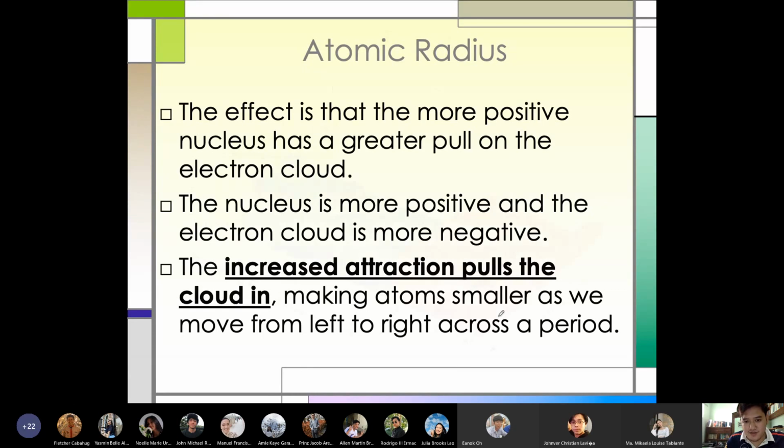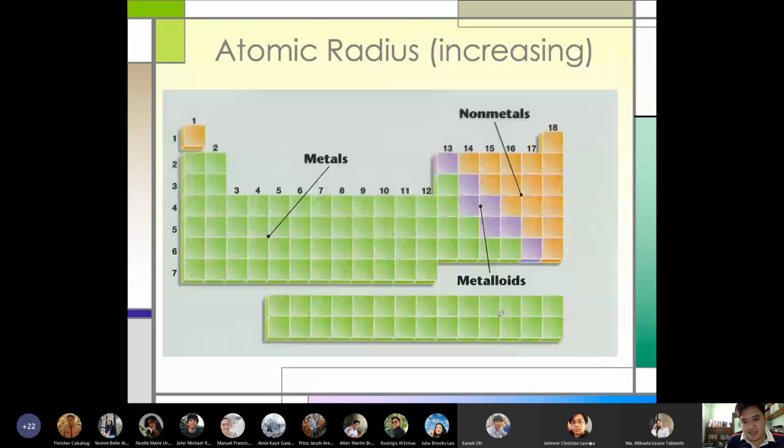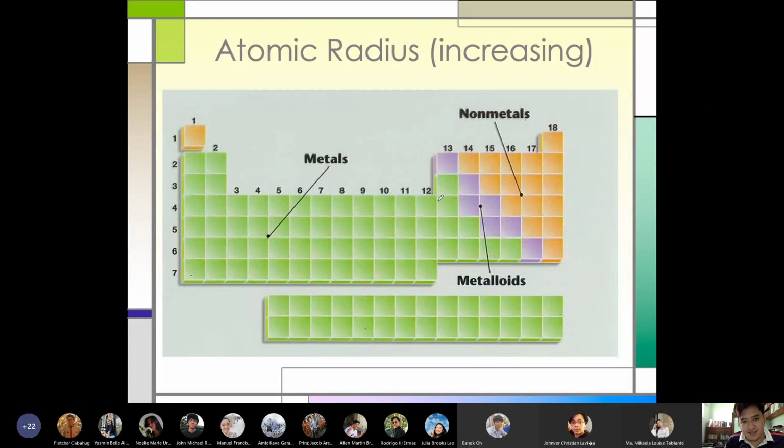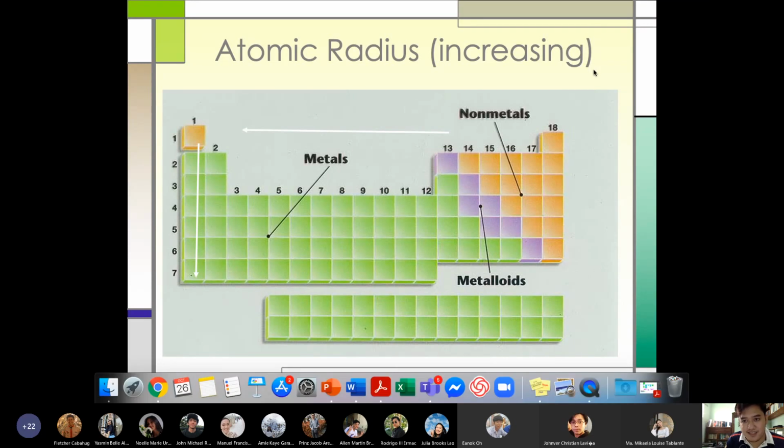All right, so for the trend, helium is the smallest, as Enoch has mentioned. This is one of the exceptions to the trend. Take note that in chemistry there are a lot of trends, but there are also a lot of exceptions. When you talk of increasing atomic size, the smallest is helium and the largest will be francium.